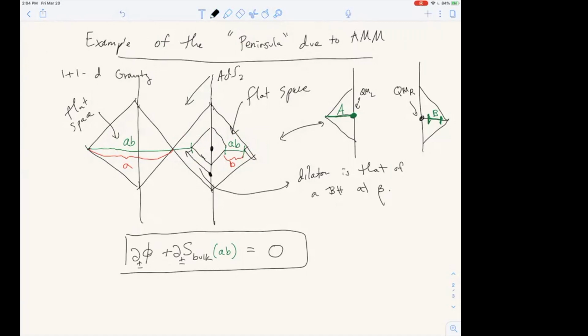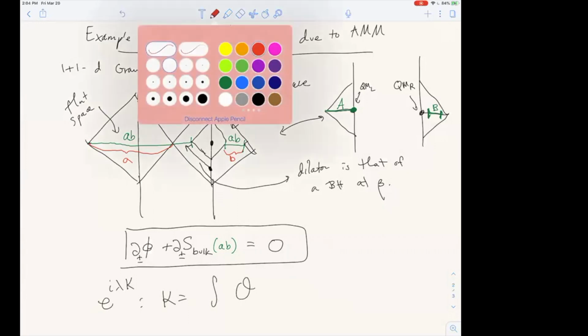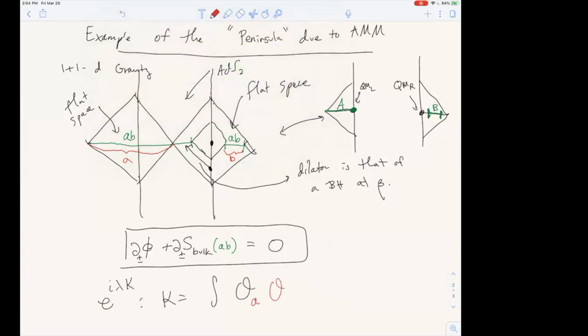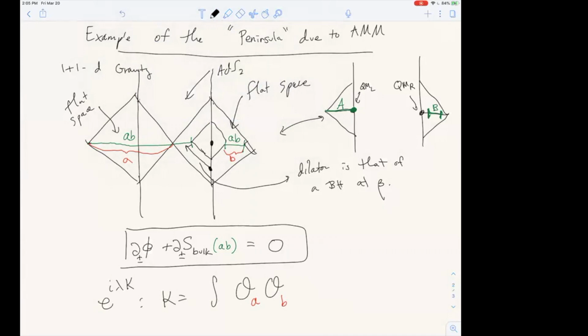Now, what they pointed out was that if I do a bilocal coupling on AB, meaning if I add to the Hamiltonian a term like this, where K is equal to the integral of O little a, O little b, then this will produce negative energy shocks, or pulses of negative energy, that will pull this operator out.